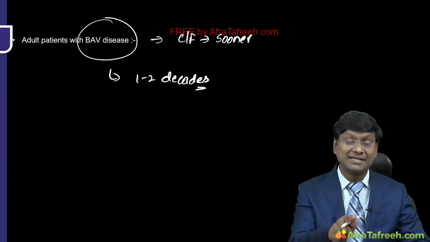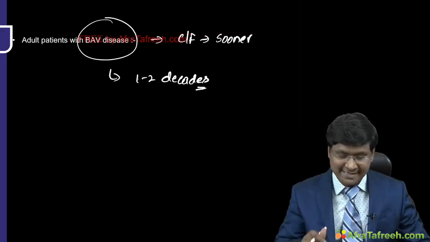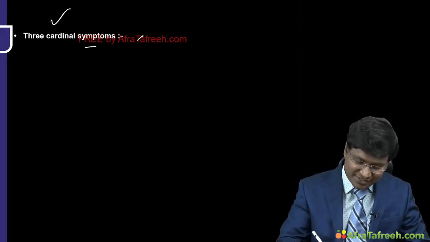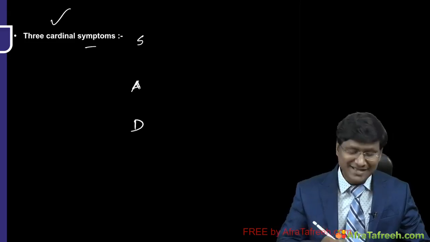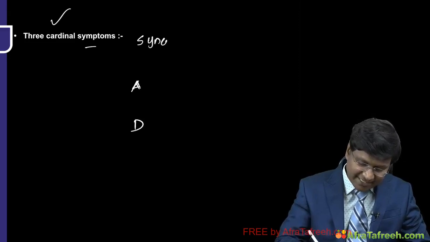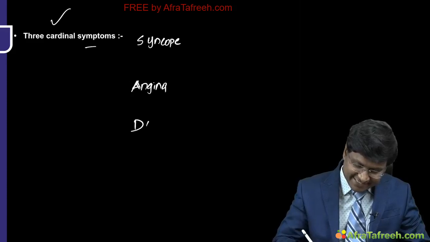Whereas with a sclerotic or degenerative aortic valve, they become symptomatic later. Now, what are the 3 cardinal symptoms of aortic stenosis? Just remember this mnemonic, SAD. S stands for syncopal attack, A stands for angina, D stands for dyspnea, right?